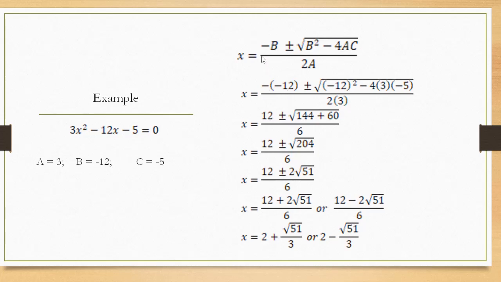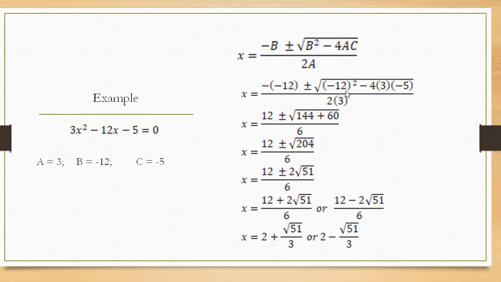So, negative times B is negative 12. So, negative times negative na positive. Then, plus minus square root of B squared. So, negative 12 square.